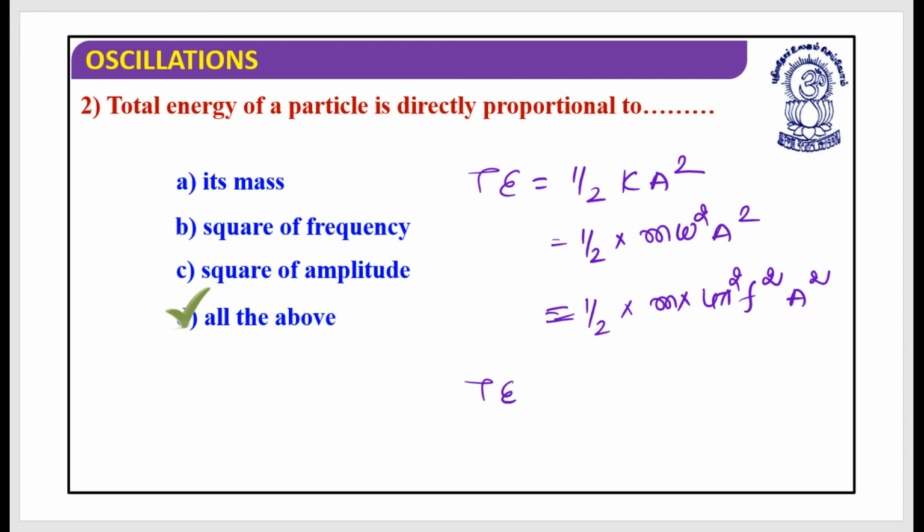So this total energy depends directly on its mass, on the square of the frequency, and on the square of the amplitude. So it depends on these three: mass, square of the frequency, and square of the amplitude too. I hope this is clear.